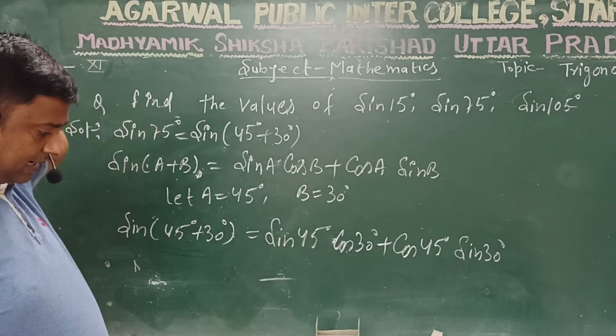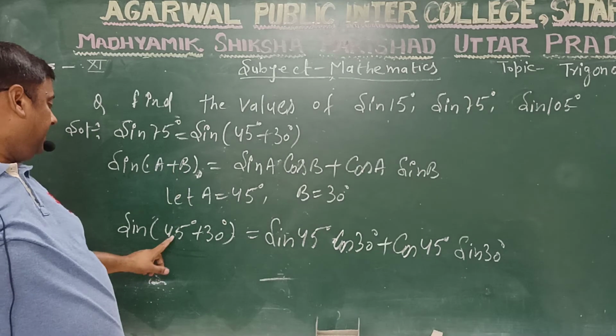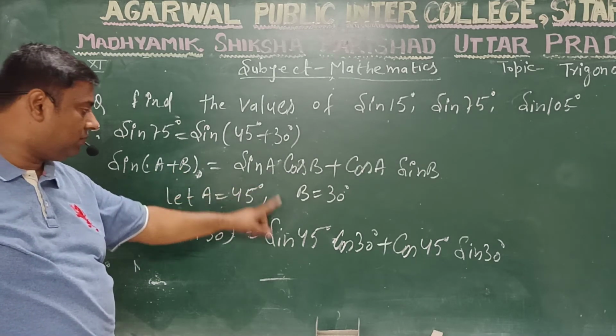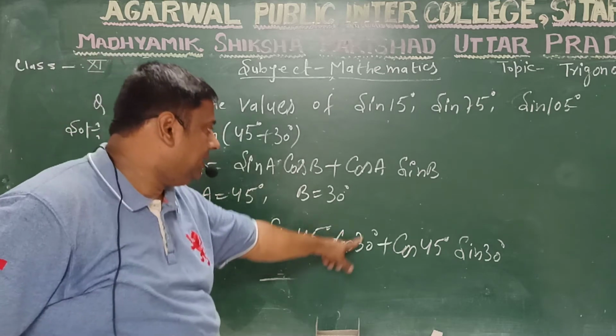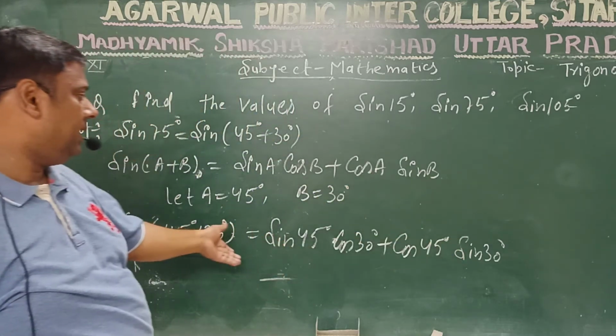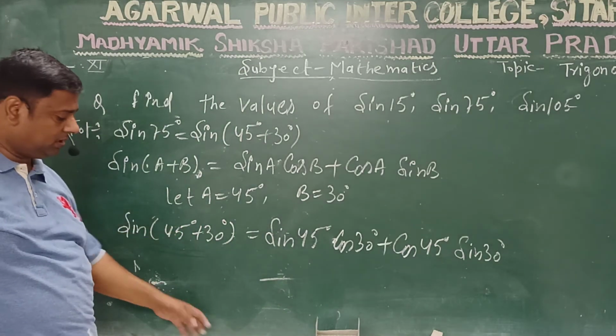Just identify this formula: sin A plus B, where A is equal to 45 and B is equal to 30. Okay, students, I think you will understand. So first of all, you will write this question and this solution.